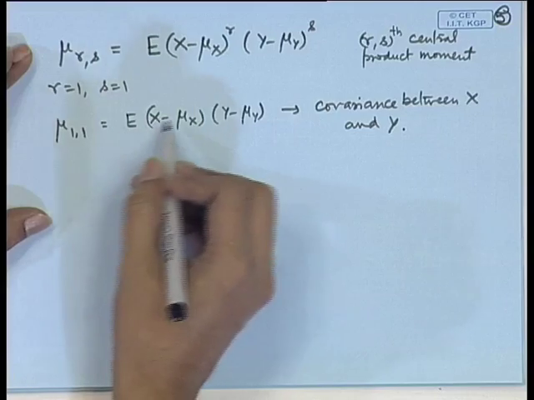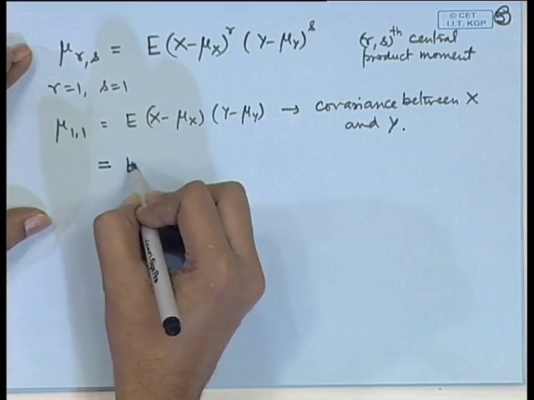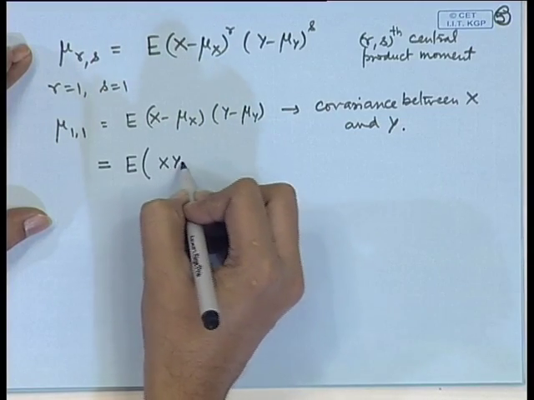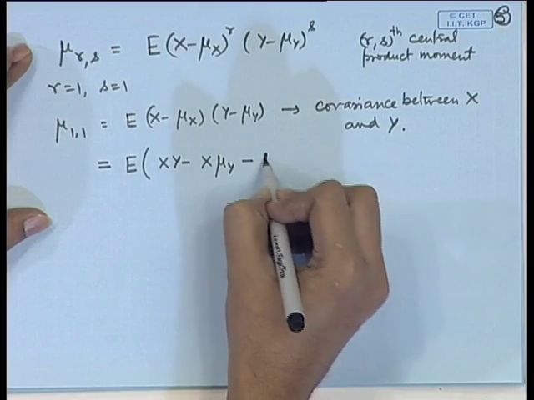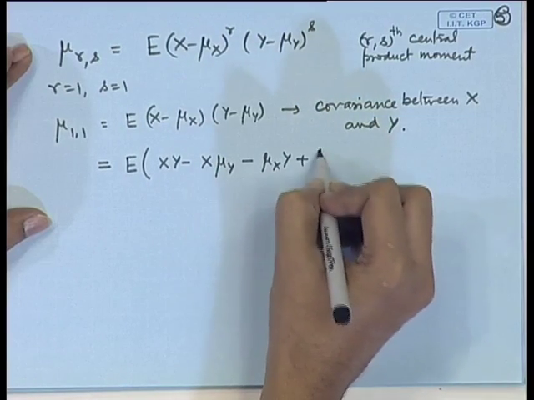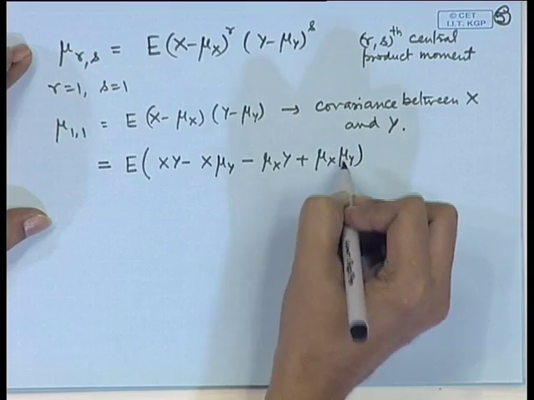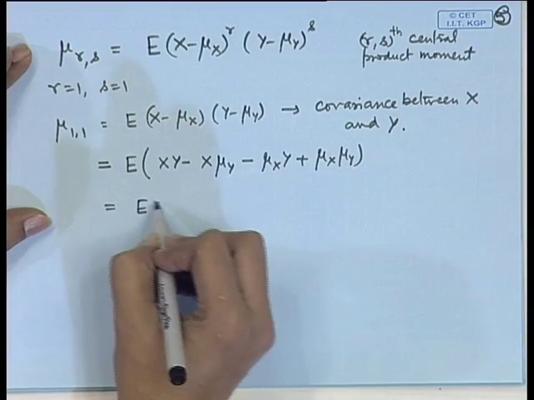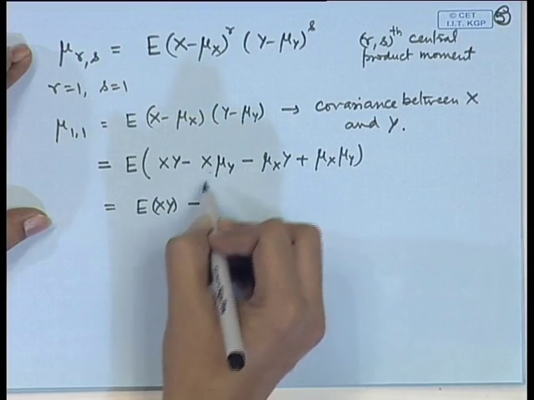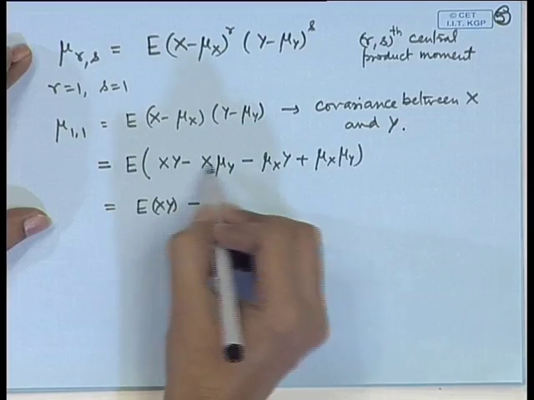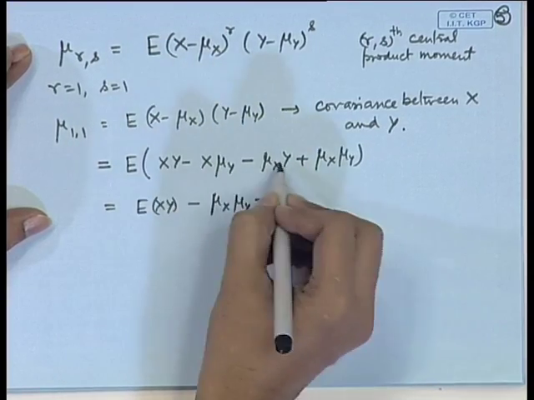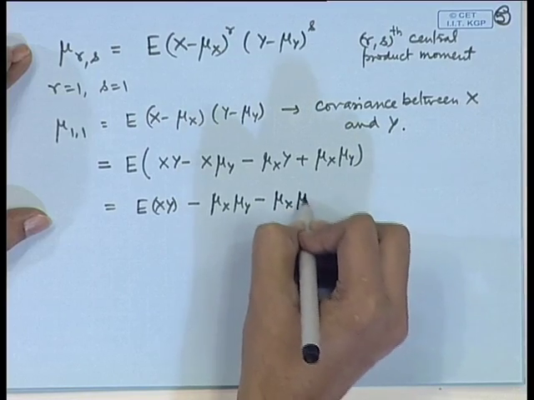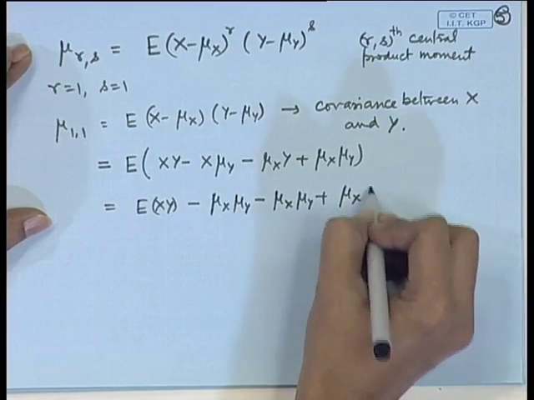We can further simplify this, we can write it as expectation of xy minus x mu y minus mu x y plus mu x mu y, that is equal to expectation of xy minus... So, now here if we take expectation, this is mu x mu y minus mu x mu y plus mu x mu y.